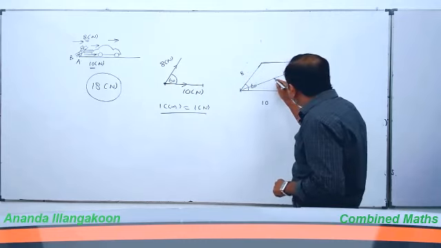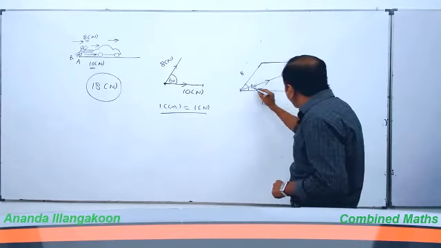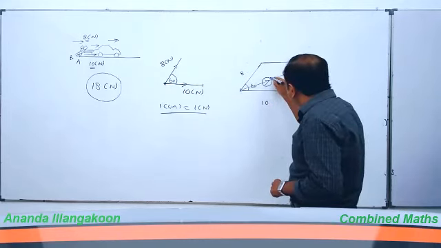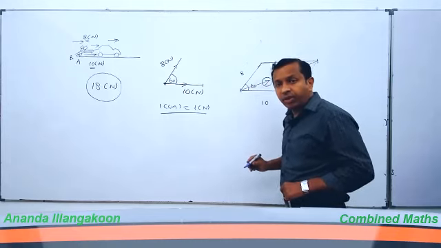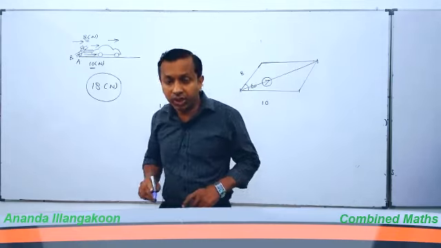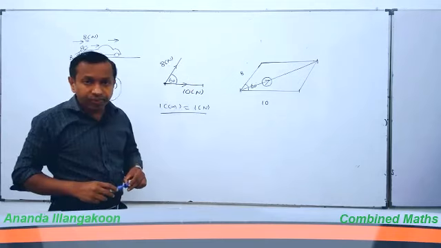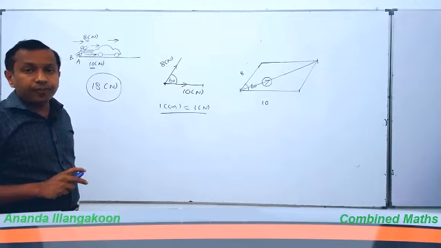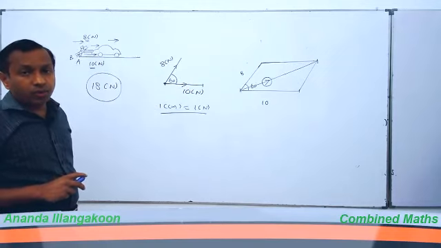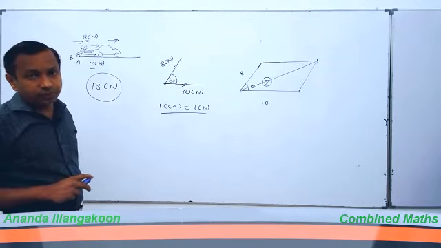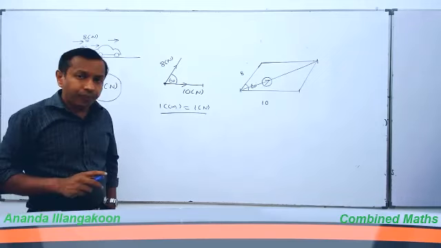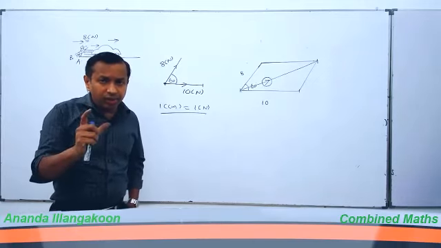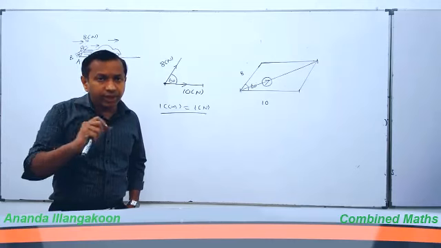The direction is given when we put the arrow going out from this point along this direction; the arrowhead shows the direction of the resultant force. That is the parallelogram law of forces.